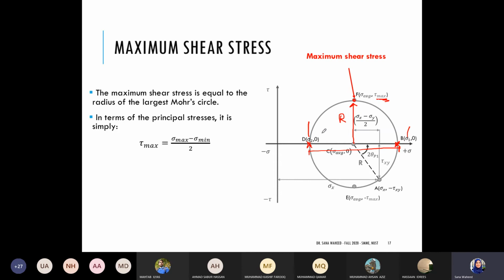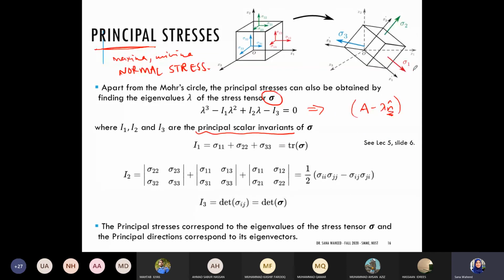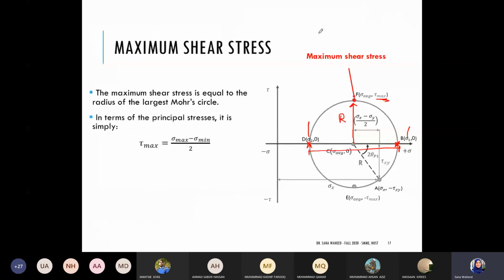I'm not going to expand on this any further, but this is also the same case for 3D. If we find our principal stresses, sigma 1, sigma 2, sigma 3, and identify our sigma max and sigma min, then this same equation holds true even for 3D.